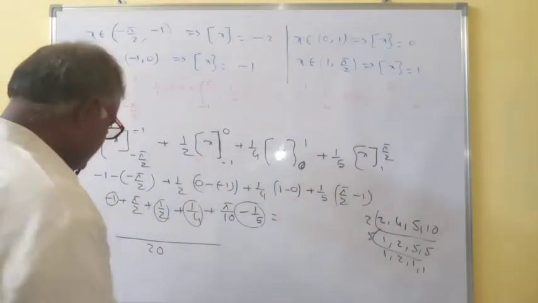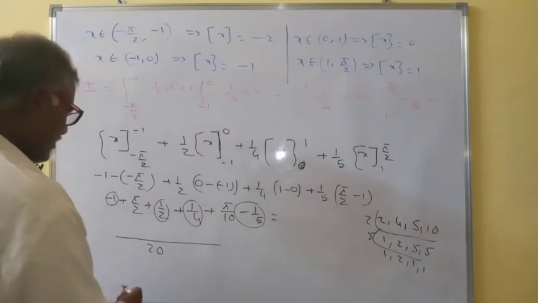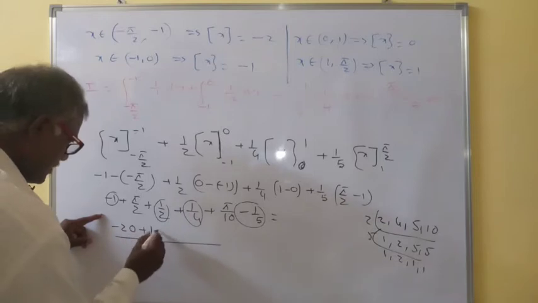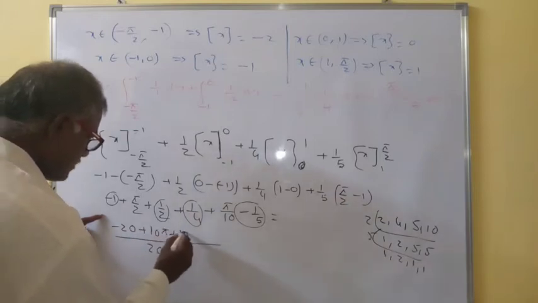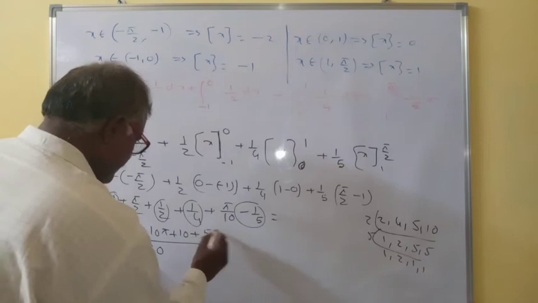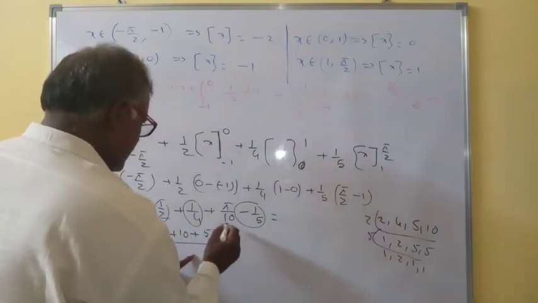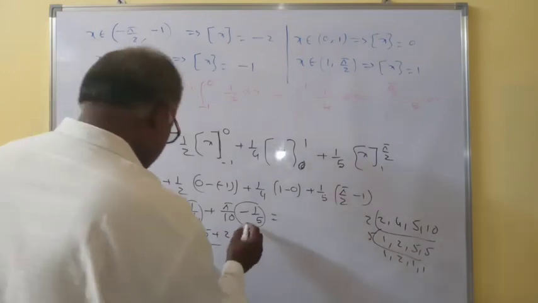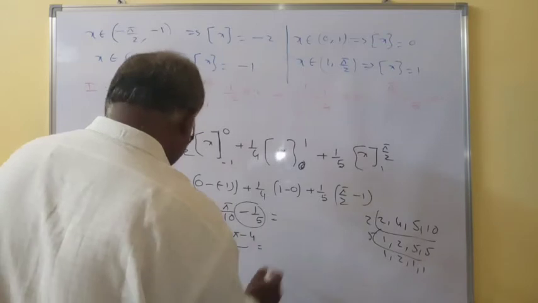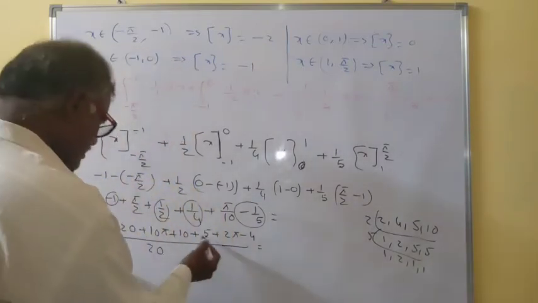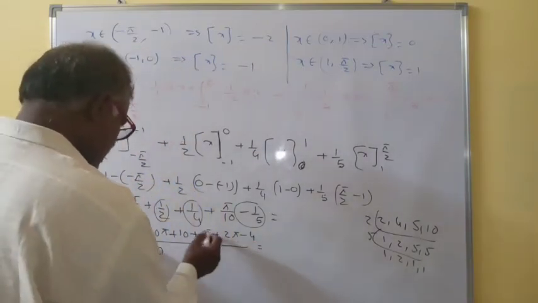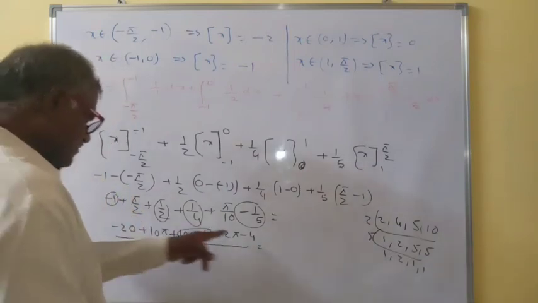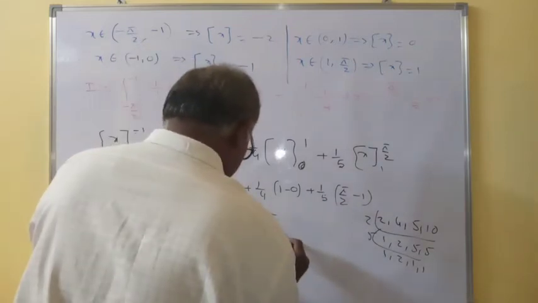Because in the given options, this form will be given. Minus 20, here 10 pi plus 10, here plus 5. Next again this 2 pi. Next here minus 4. So you see here minus 20 and plus 15. Minus 20 plus 15 gives us minus 5, minus 4, minus 9.